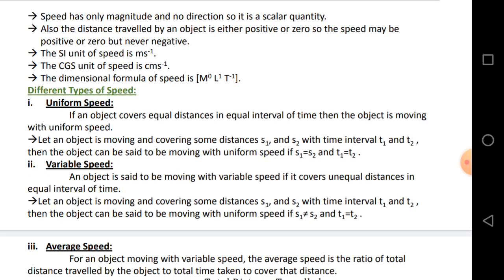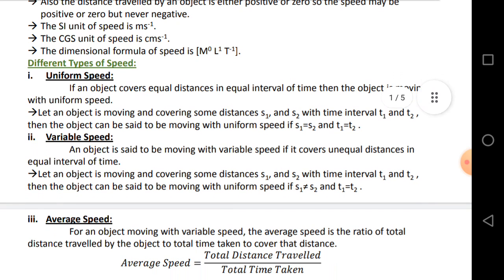If the time intervals are the same and the distances traveled by the object are the same, then you can say the body is moving with uniform speed. That means at every interval of time the body has the same speed.